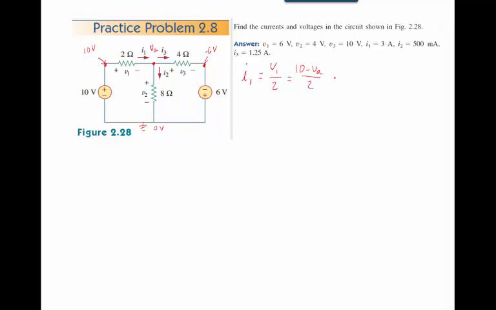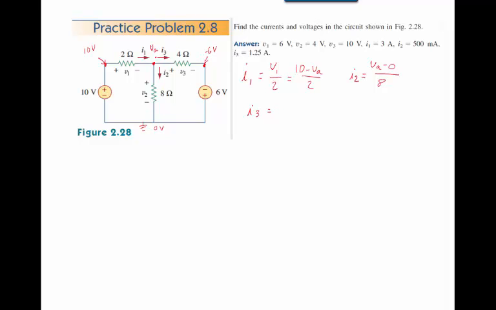I also know that I2, this one right there, is my node that I called VA minus 0, so VA minus 0 over 8 ohms. And I3, can we write I3?